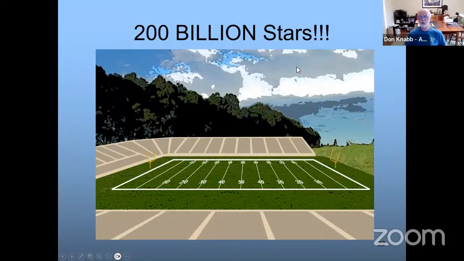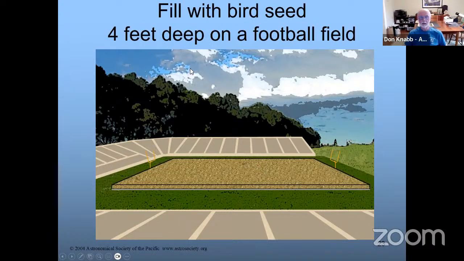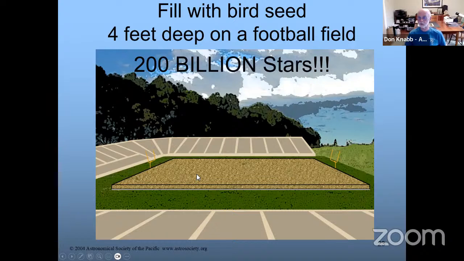So how can we envision 200 billion stars? That's how many stars we have in our galaxy. How can we envision that? We take a football field and a bunch of birdseed, millet, and fill it 4 feet deep. That's about 200 billion stars, if each one of those birdseeds represents a star.